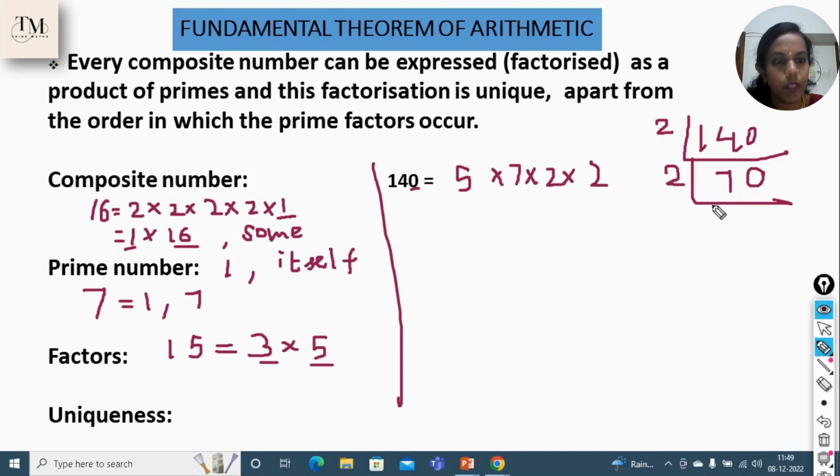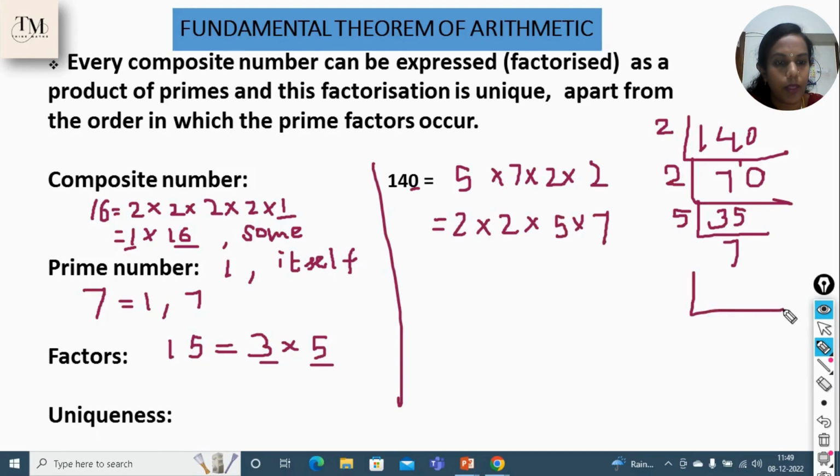Again it is divisible by 2. 3 twos are 6, balance 1, 5 twos are 10. So 35. 35 is divisible by 5, 7 fives are 35. So again 140 can be expressed as 2 into 2 into 5 into 7.